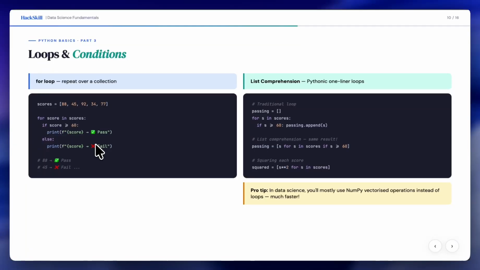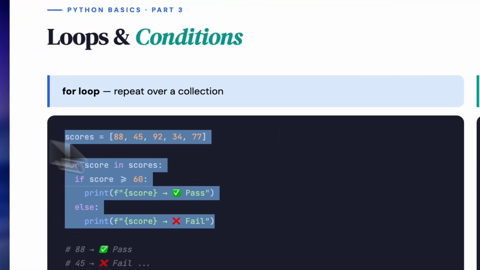Okay, so notice the indentation. Python uses four spaces to define code blocks. No curly braces like Java or JavaScript, right? The indentation is the structure here. Now let me actually run it for you.